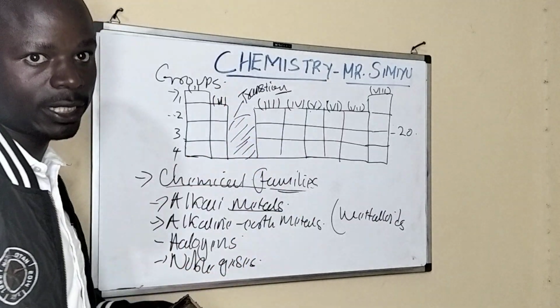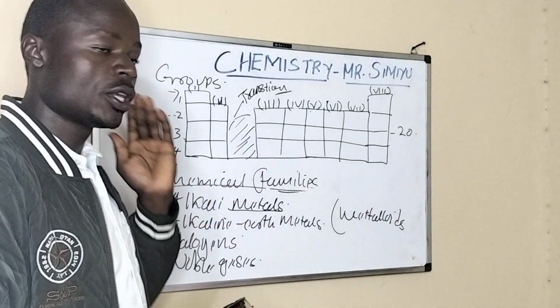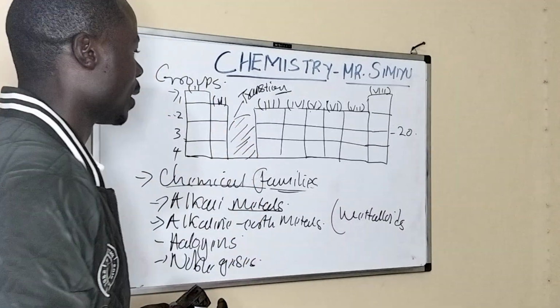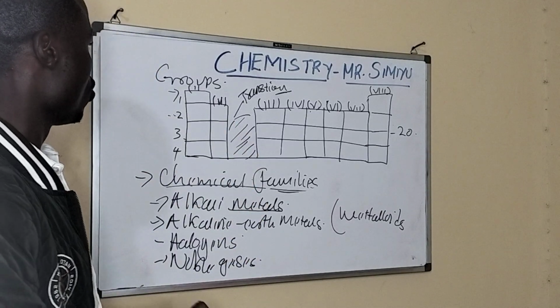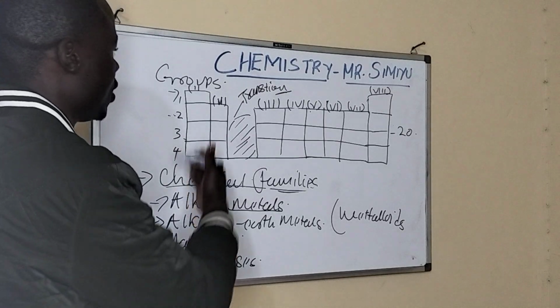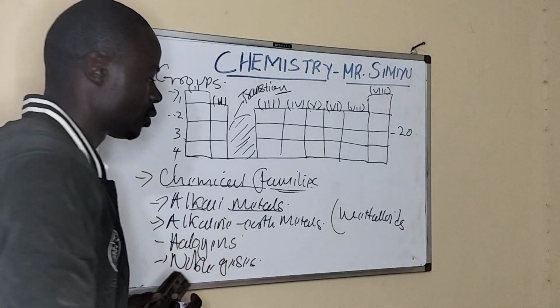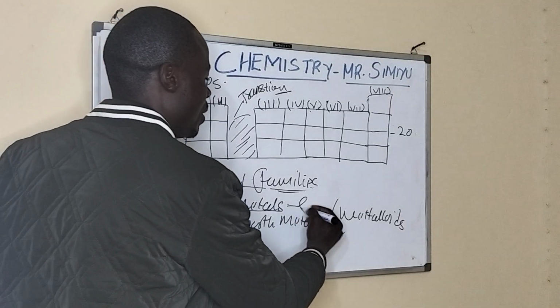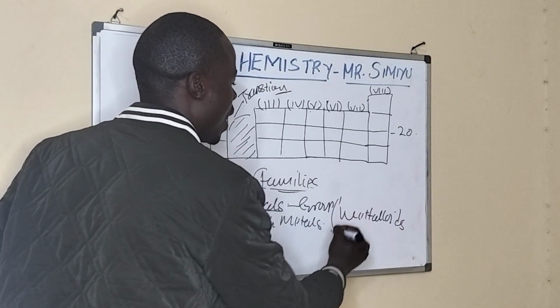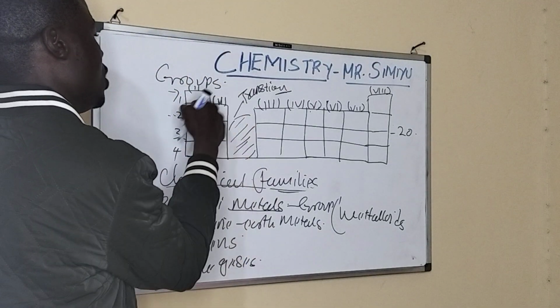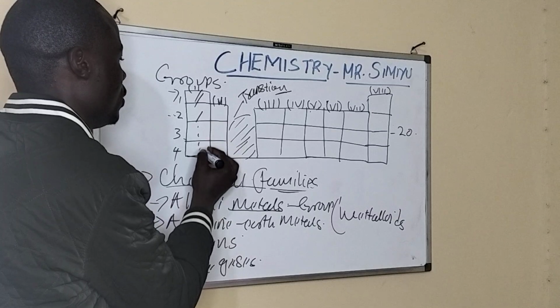Also in chemical reactions they have some similar chemical properties. So number 1, we shall start by assigning those groups the chemical families. We have said that alkali metals are group 1 elements. So this group 1, as you move down the group, these are alkali metals.